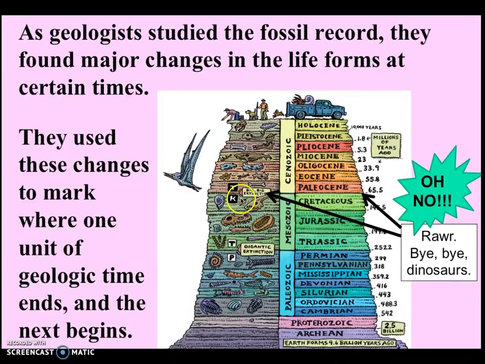And remember, the fossil record is just a record of fossils found by scientists, and those are evidence that these different time periods occurred. So it says they used these changes to mark where one unit of geologic time ends and the next begins.